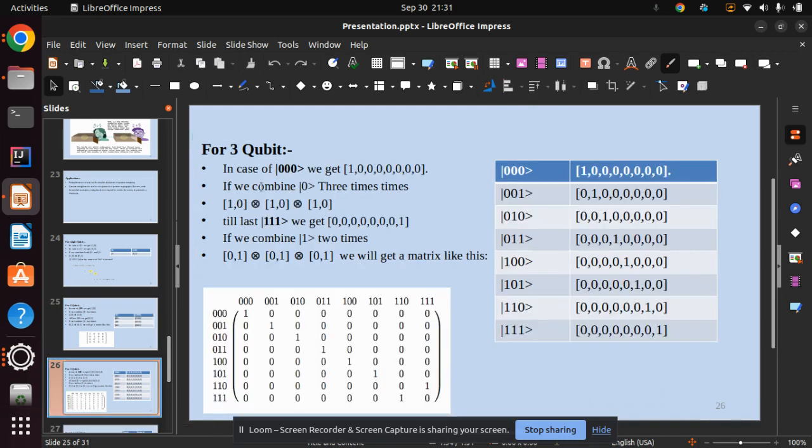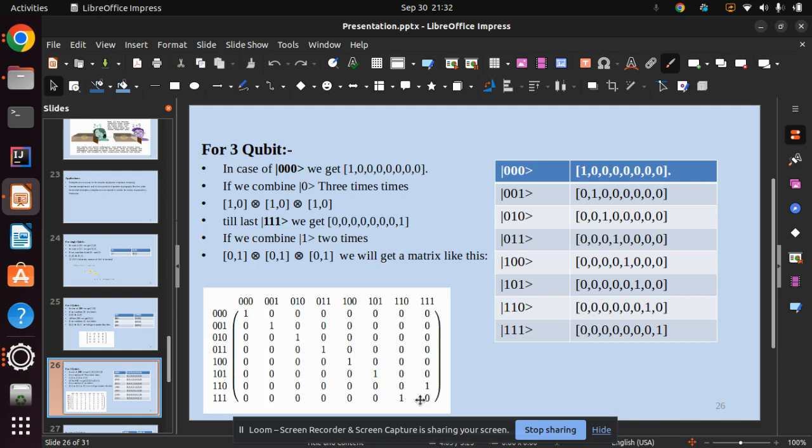Now if I have three qubits, it's a bit complex, but we'll try to solve it. In case of 0 0 0, I've got 1 and the other seven elements are 0, right? And till the end, I'll be getting something like an identity matrix, right?